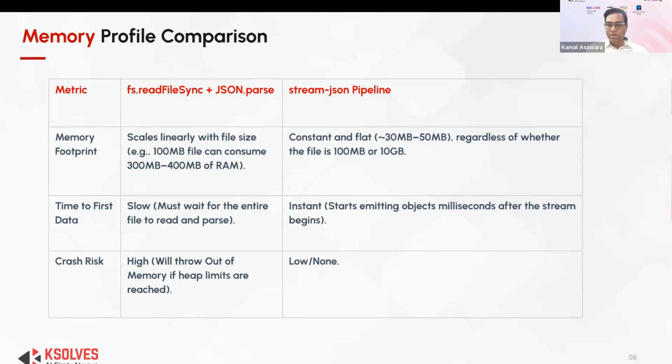For time to first data, because small data is processed quickly, stream JSON will provide you that data first. And the last thing, crash: because you are not putting much load on the memory, stream JSON has no risk of a memory crash. But in the normal scenario, if you put a big JSON into memory, because it is processed in memory, your system can crash. So this is one point you should consider.